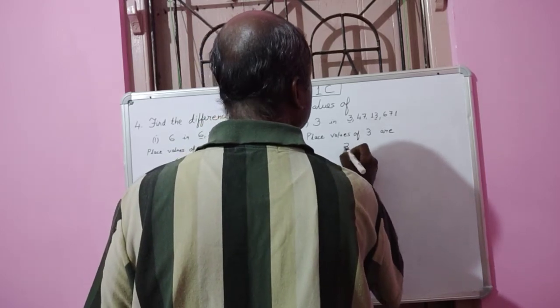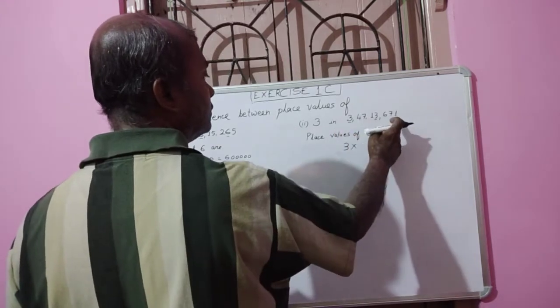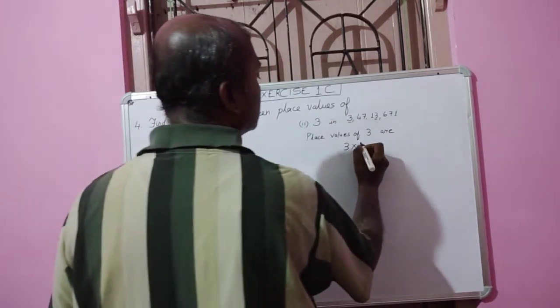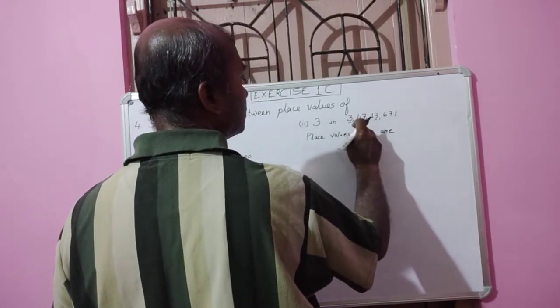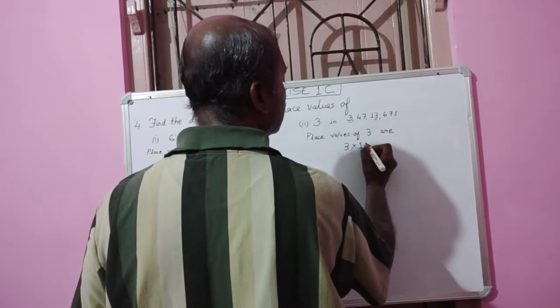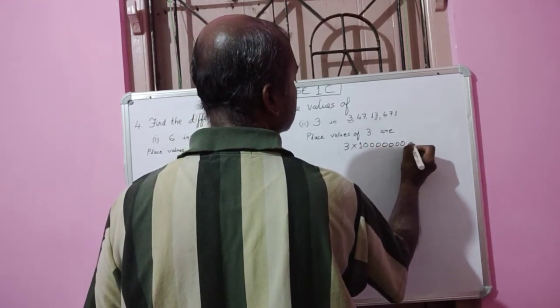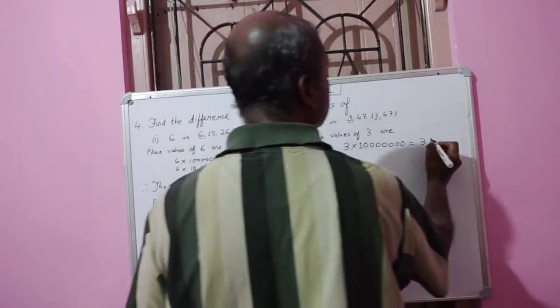So 3 in this position. What's this position? Let's count. Ones, tens, hundreds, thousands, ten thousands, lakh, 10 lakh, crore. So write 1 and after crore how many digits are there? 1, 2, 3, 4, 5, 6, 7 zeros. So 3 ones are 3 and 7 zeros.